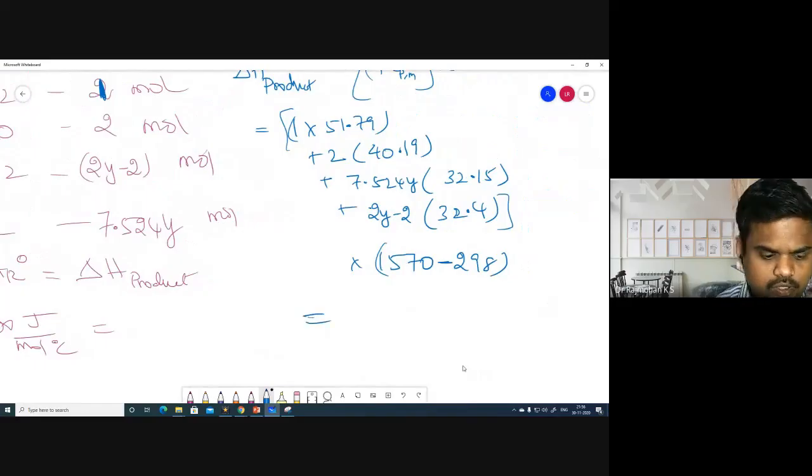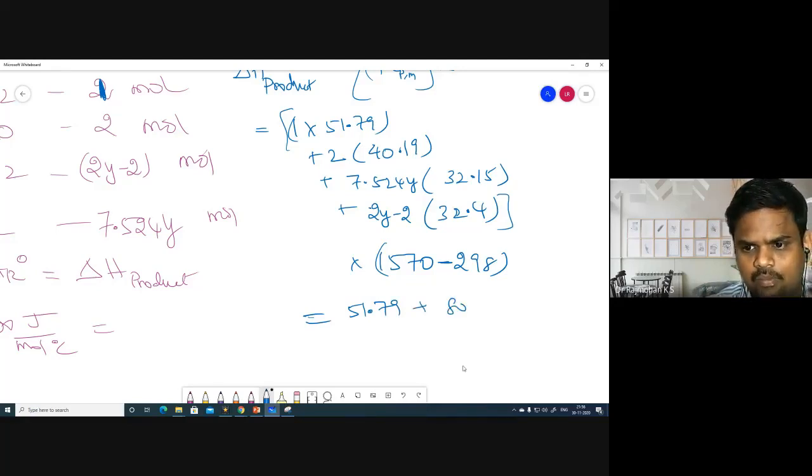So what you get is, simplify it. If I simplify it, what will you get? 51.79 plus 40 into 2, around 80.38, plus, if you multiply this, 32.4 into 2y minus 2, it is 64.8 into y minus 64.8.